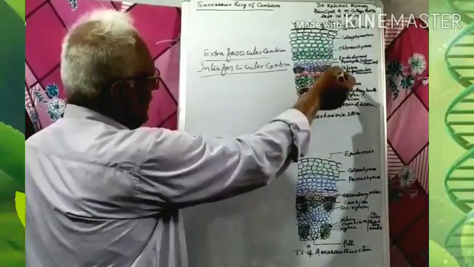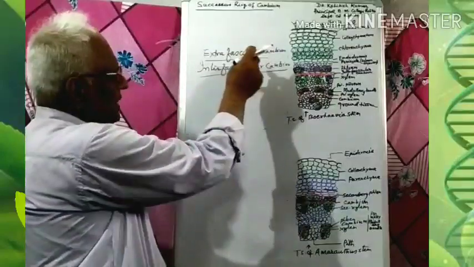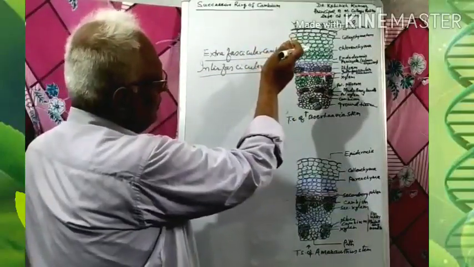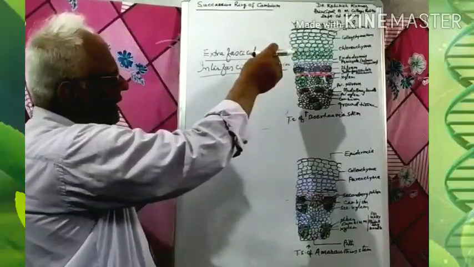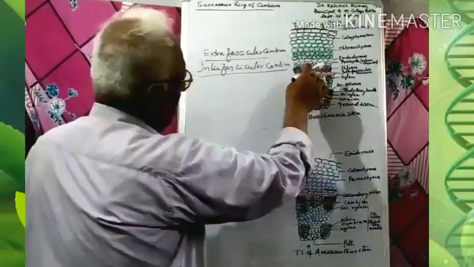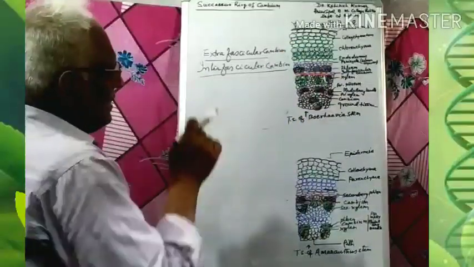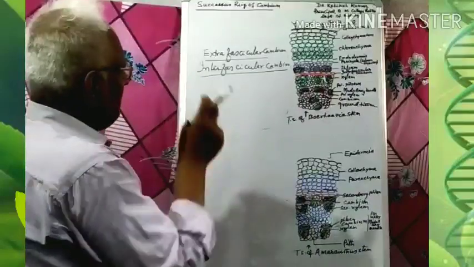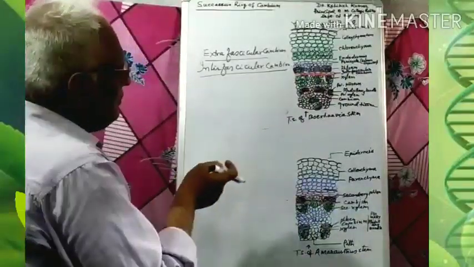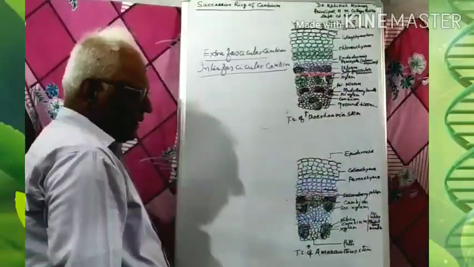Just like the first and second, a third layer is formed, and in this also there is the term extrafascicular cambium, the portion of the newly cut cambium that falls above the first cut secondary tissues, and the portion of the cambium which falls in between the two is known as the interfascicular cambium.